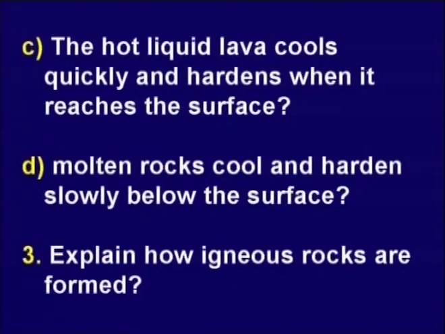Class and receiving students are still on that question. Which rocks are formed when we have seen the hot liquid lava cools quickly and hardens when it reaches the surface? And D, which rock is formed when molten rocks cool and harden slowly below the surface?